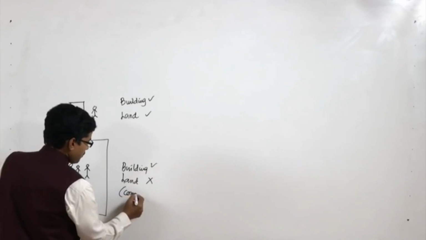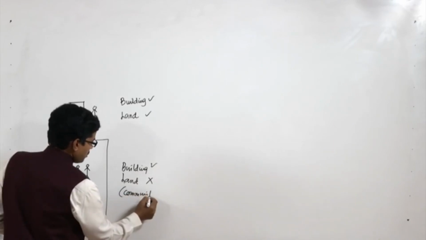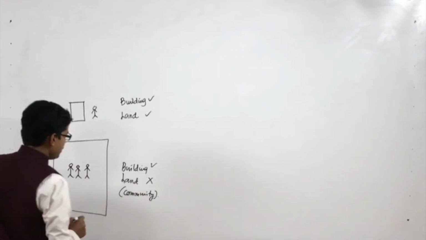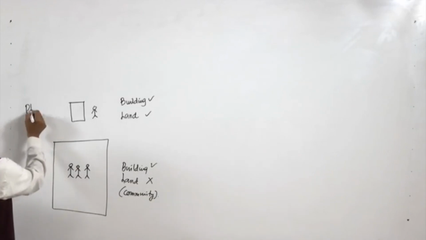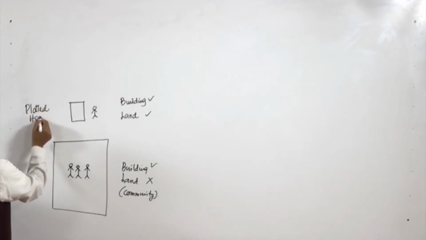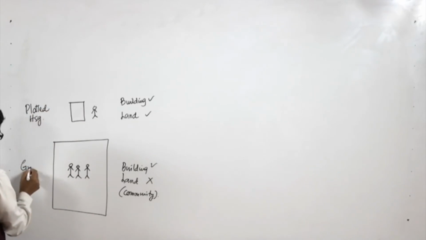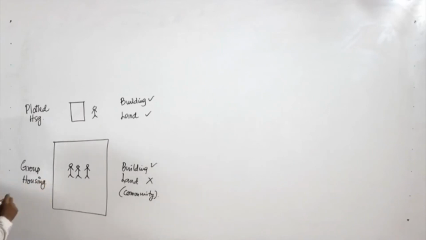That is why it is called group housing. So this is the plotted housing, and this is the group housing. Now, how do we make the group housing?